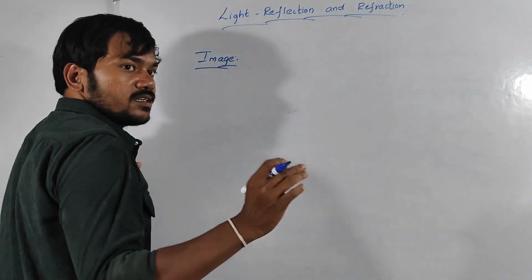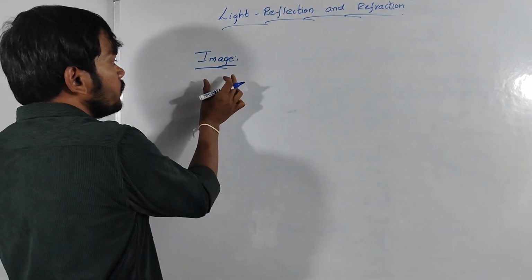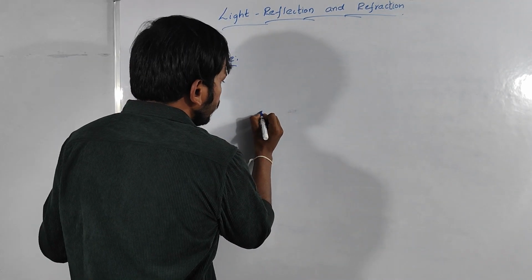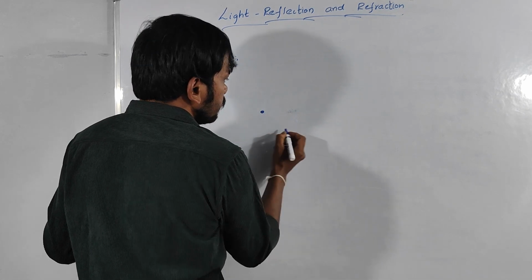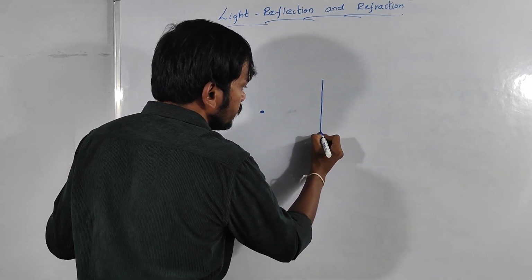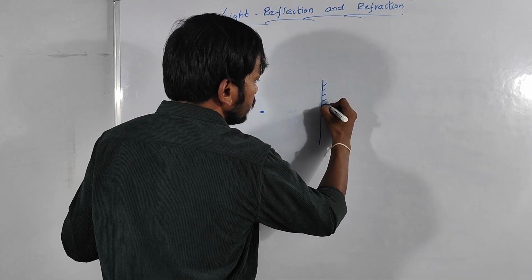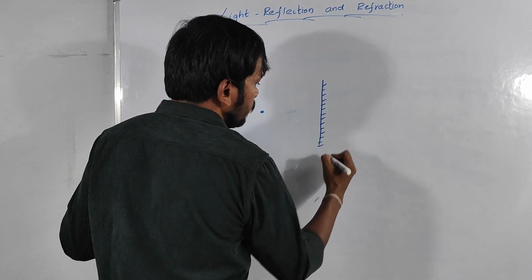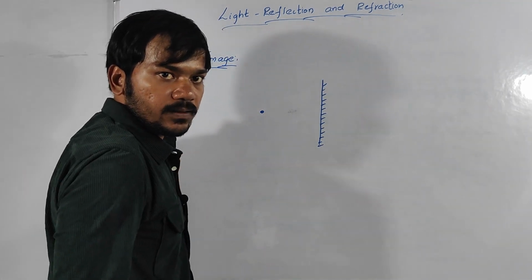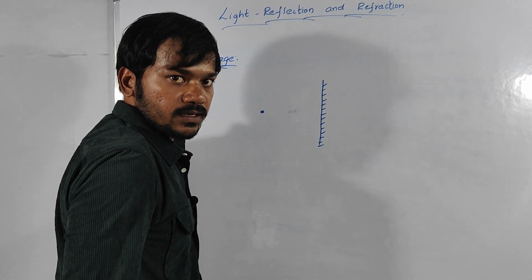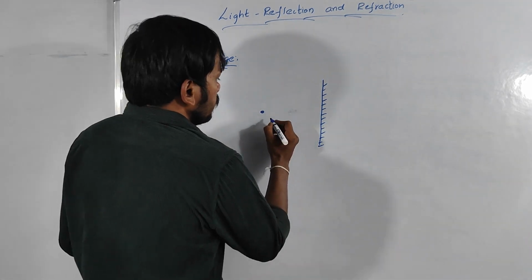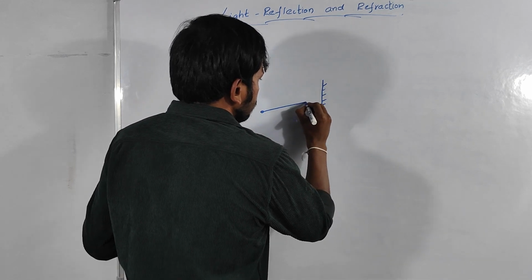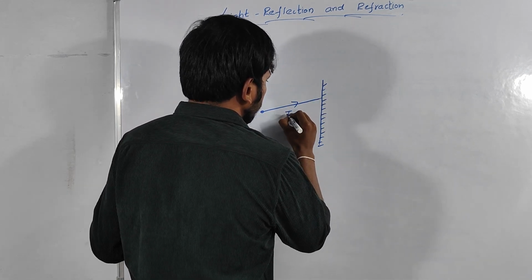Now let us form the image of a point-sized object when it is kept before a plane mirror. Let us consider there is an incident ray 1, IR1.